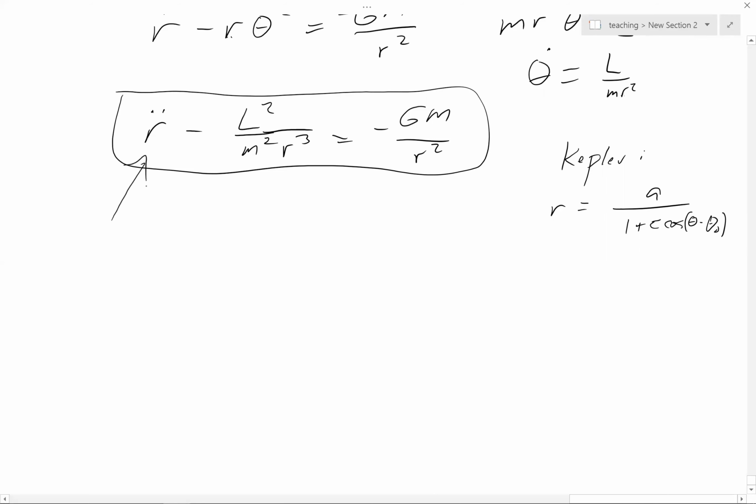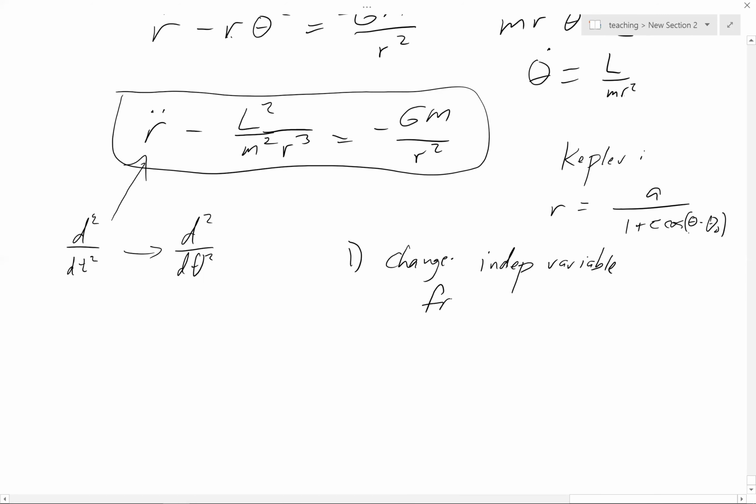Right now, this second derivative is with respect to time. So knowing where I'm going, I would kind of like to change that to theta. So I want to do two things. First thing I want to do is change the independent variable from t to theta. And then the other thing is, well, if I look at this formula, it's not a terribly complicated function, but it's not terribly simple either.